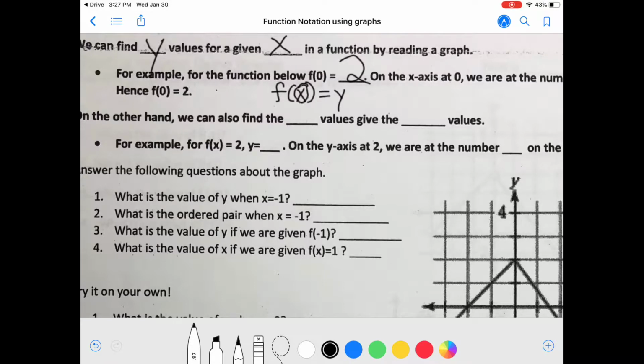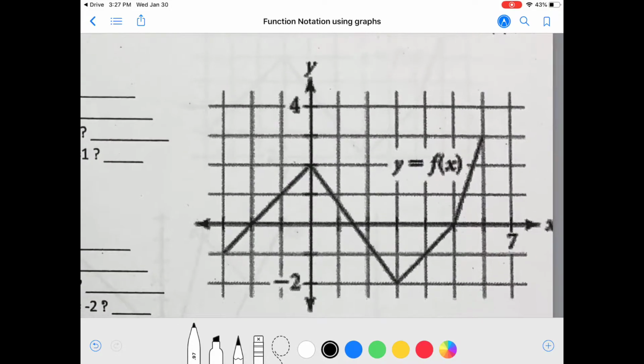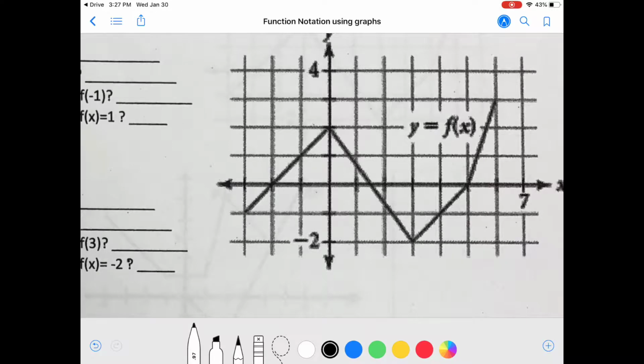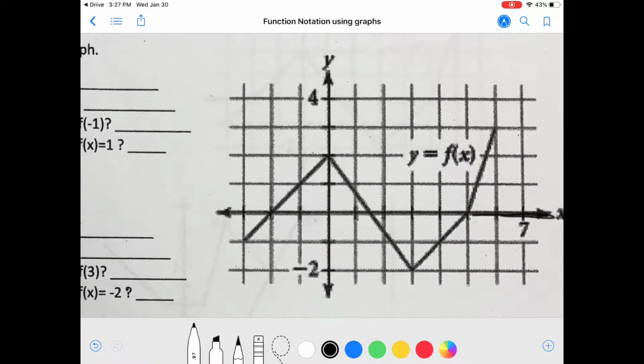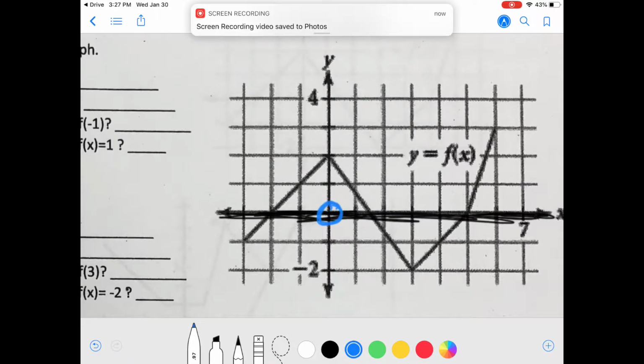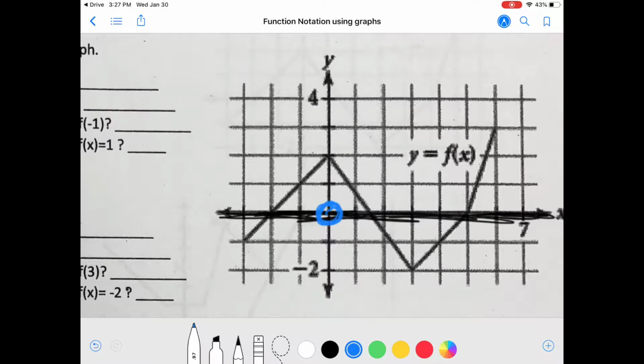If we substitute 0 in for x, that means on the graph we're going to our x-axis, which is the horizontal axis, and finding where x is 0. Well, x is 0 at this line, so it's on the y-axis. Where is the function crossing where x is 0? The only point where x is 0 on the function is this point right here.